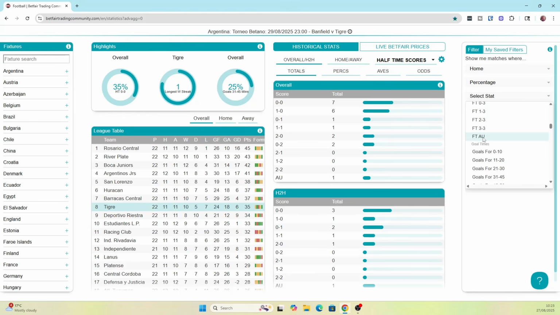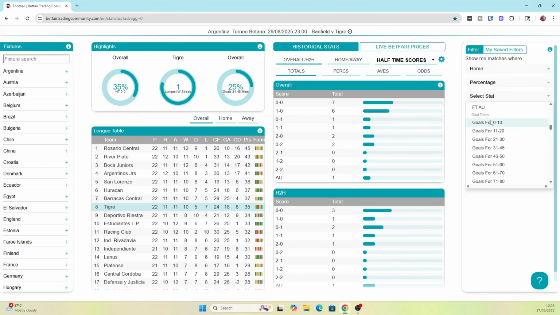You can bet on all of those. But once it gets past 3-all, they don't put score lines that have 4 goals plus in. So if it's 4-0, 4-1, 4-2, 5-0, 6-0, they just call it any unquoted. So if you click this option, if you wanted to look for full-time scores that weren't ones that Betfair quotes in the market, that's what you'd select.